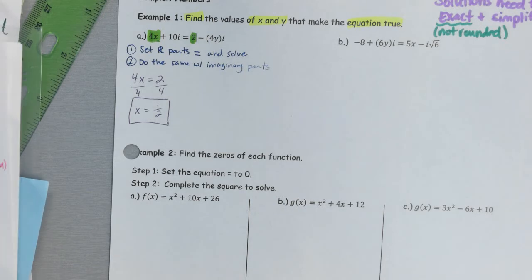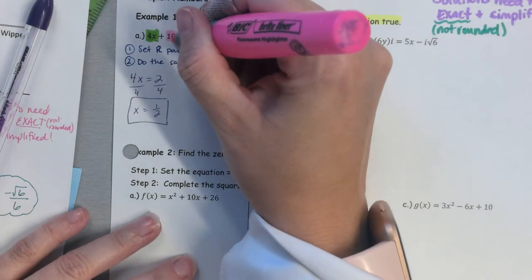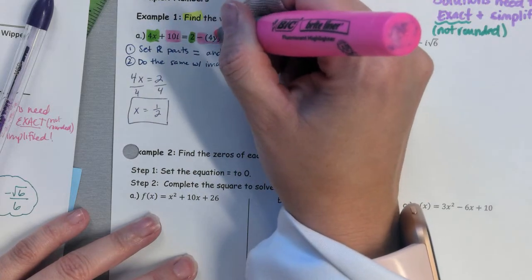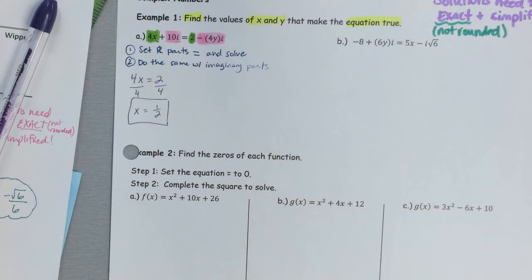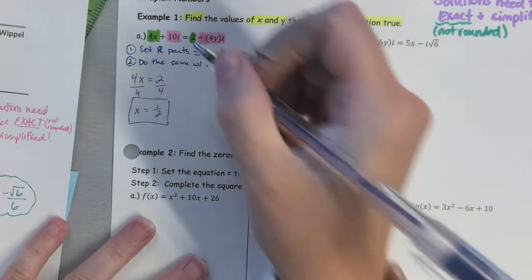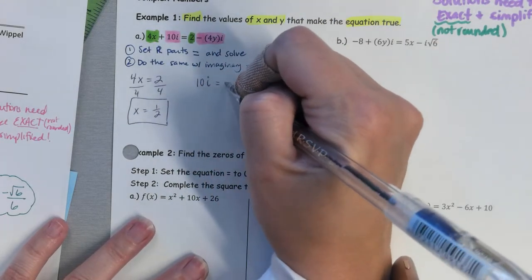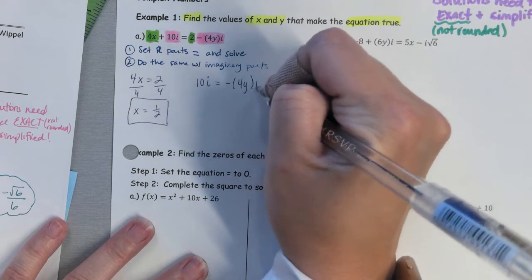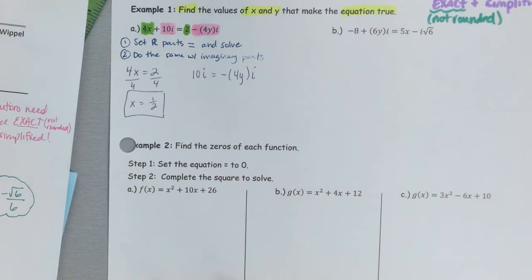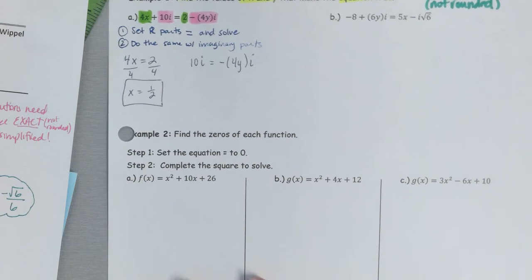Okay, now we're going to do the same with the imaginary parts. So here I have plus 10i, and then the minus is important here because you do have to take that negative with it. So if you have 10i equals negative 4yi, okay, with the imaginary parts, you should always have an I on each side.